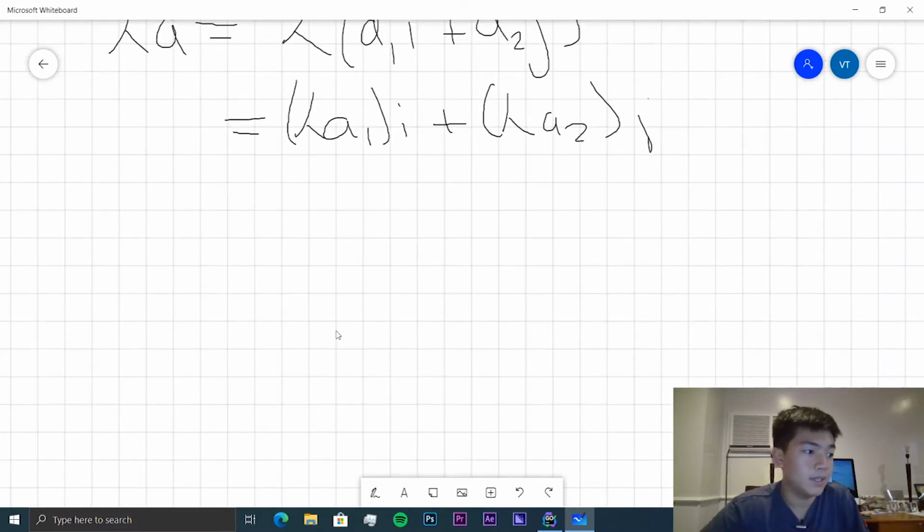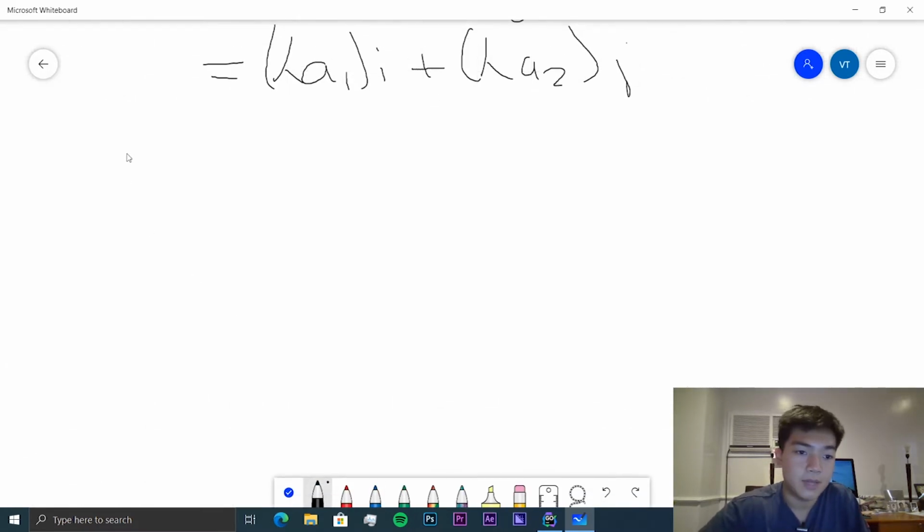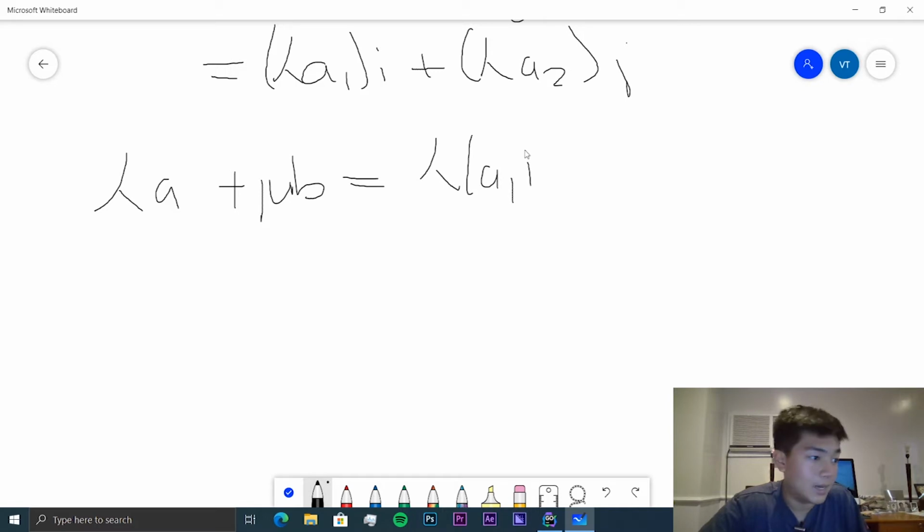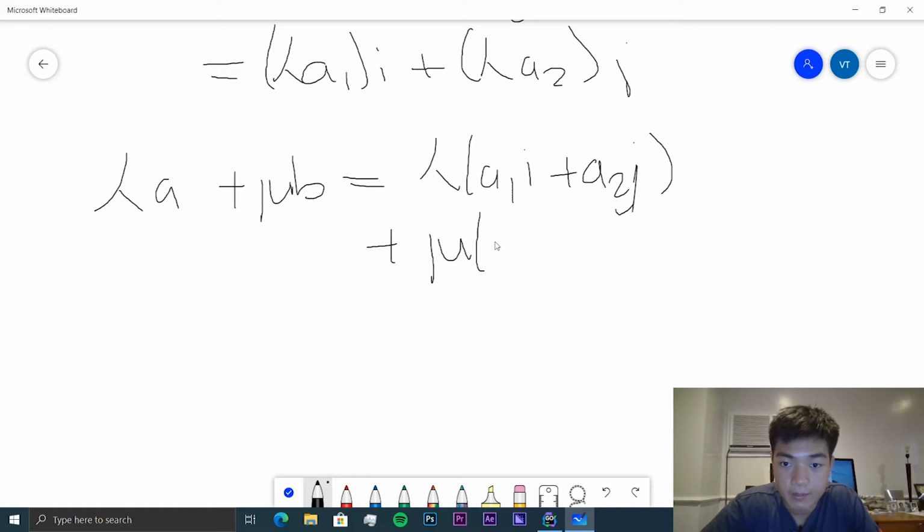If we are linearly combining two vectors, we have lambda a plus mu b, which is equal to lambda of a1 i plus a2 j, plus mu of b1 i plus b2 j.